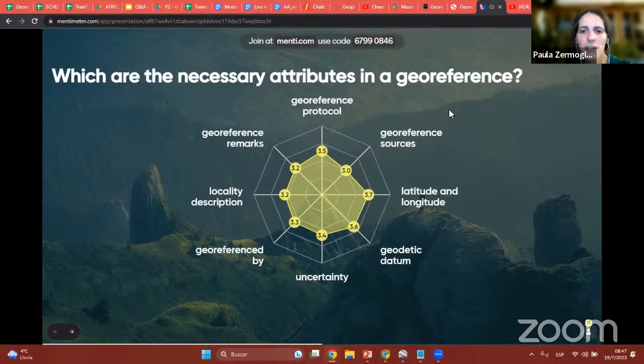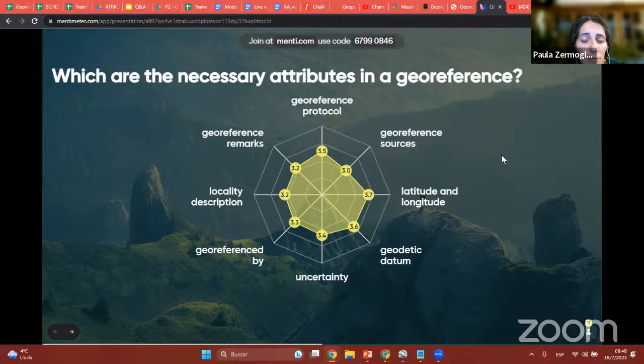All right, I think I'll start looking at these results now. So, assuming that we have a location that we can actually georeference, not one of those cases where we cannot find the place or where it has inconsistencies, there should be at least 3 elements that we need for a georeference.